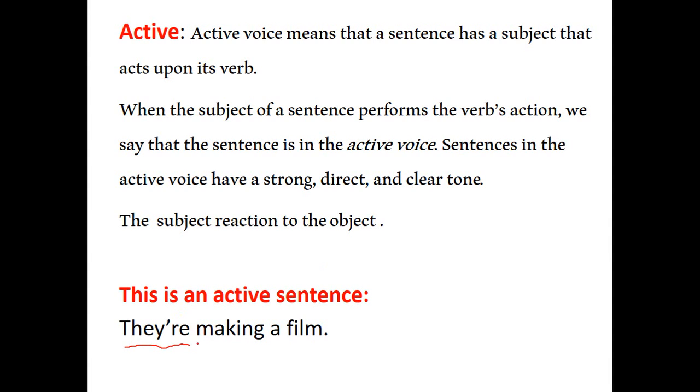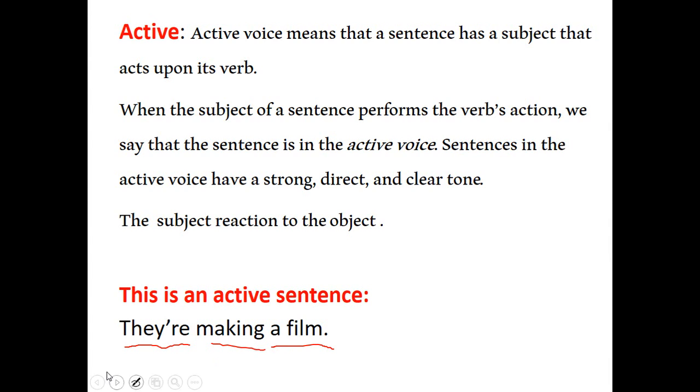Now look at here, we have an example. They are making a film. Just ask yourself, look at this sentence. We have, for example, present simple, present continuous, past simple, past continuous. So this is present continuous.